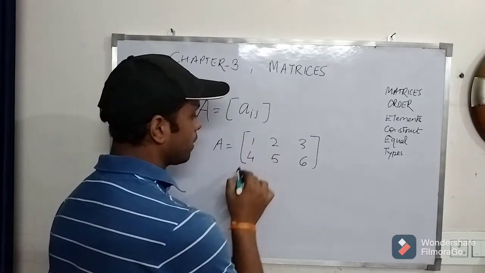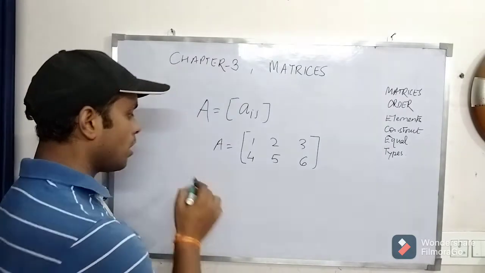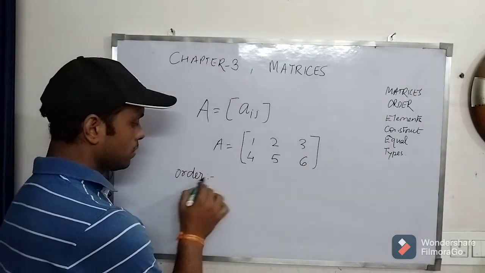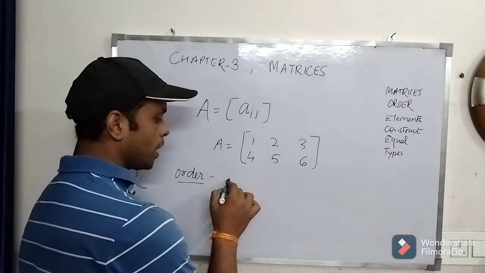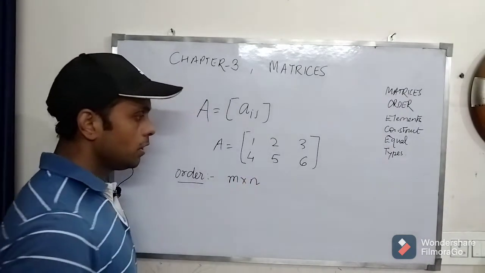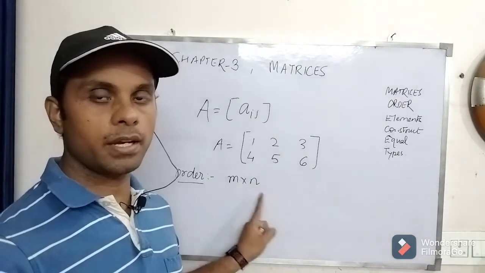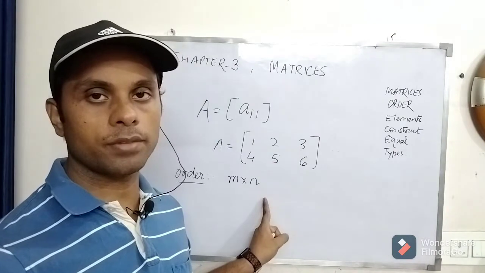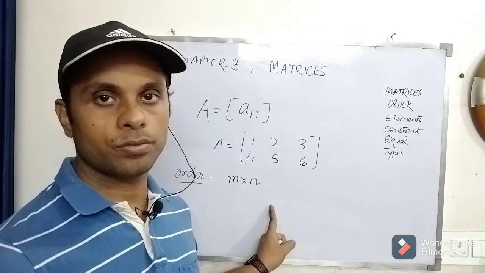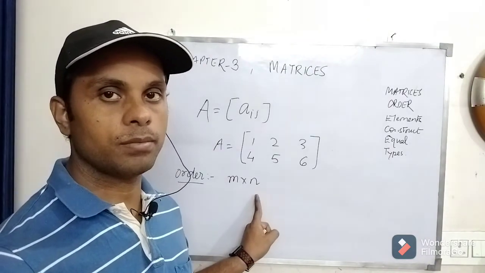Okay, so what is order of a matrix? Order of a matrix is denoted by number of rows into number of columns. If there are m rows in a matrix and n columns, then order of that matrix is m by n. So where m is number of rows and n is number of columns.